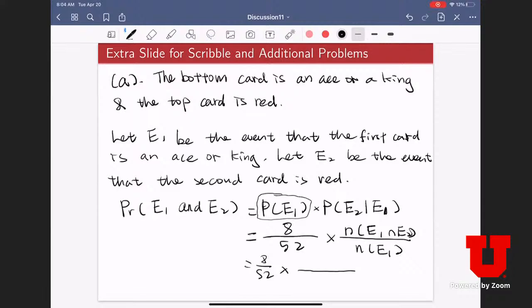Think about the number of possibilities that events E1 and E2 happen at the same time. What are going to be our two cases here?